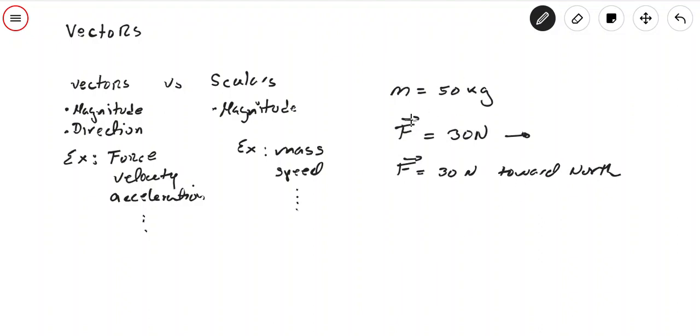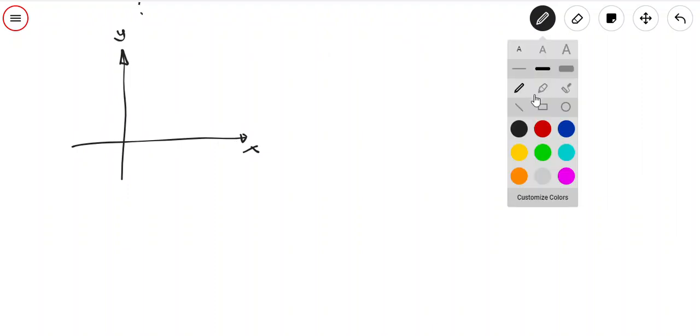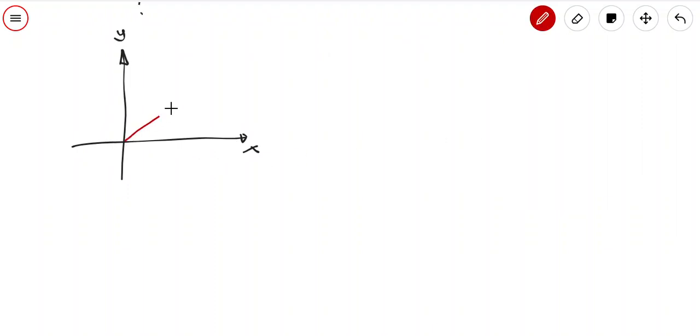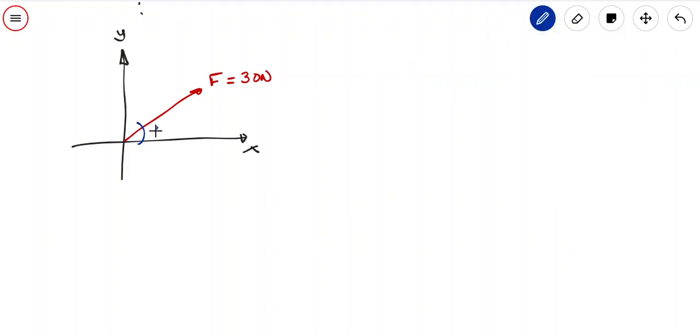Now, when we're working with vectors, we're going to find the components of a vector. So if we have, for example, a rectangular coordinate system here, and I have a vector F equal to 30 newtons with an angle of 40 degrees respect to the horizontal.